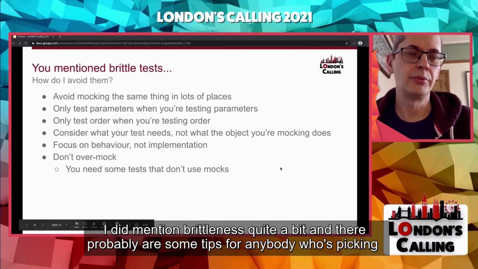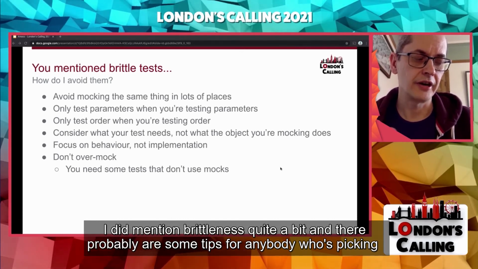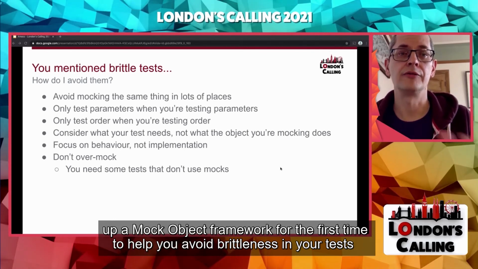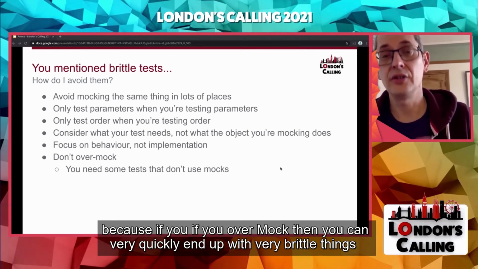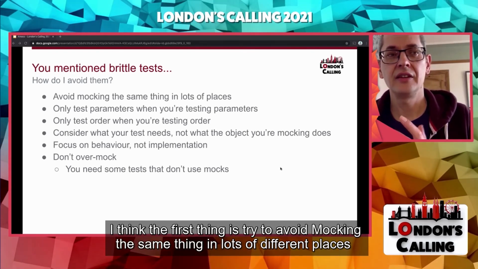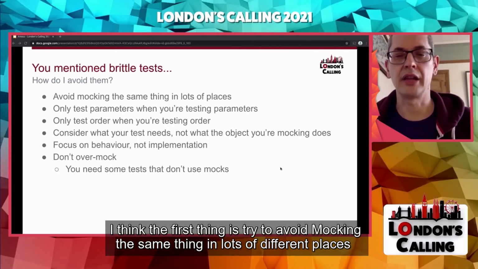I did mention brittleness quite a bit, and there probably are some tips for anybody who's picking up a mock object framework for the first time to help you avoid brittleness in your tests. Because if you over mock, then you can very quickly end up with very brittle things. I think the first thing is try to avoid mocking the same thing in lots of different places.